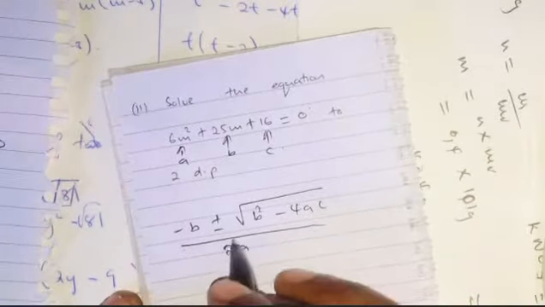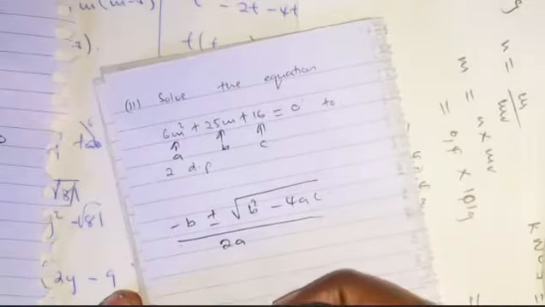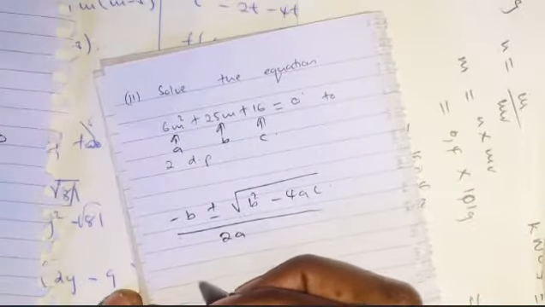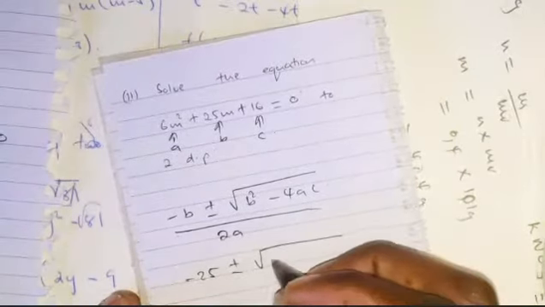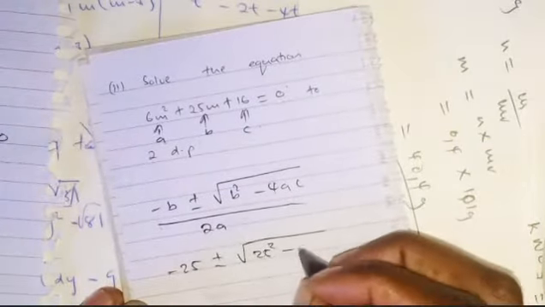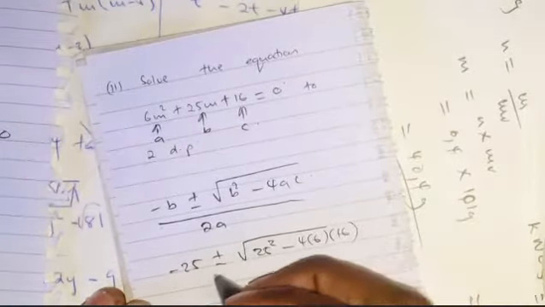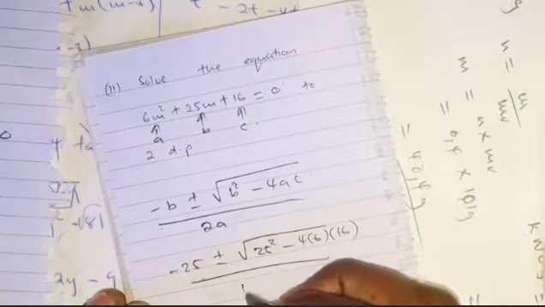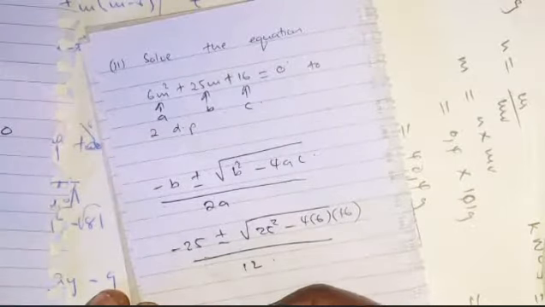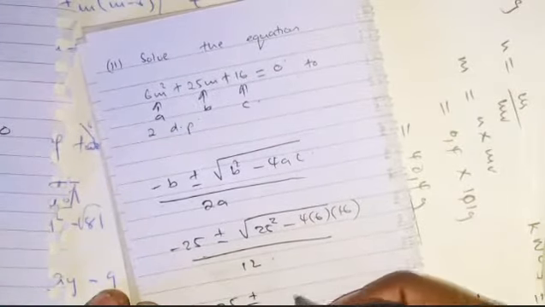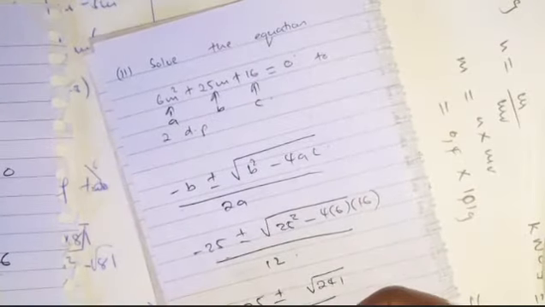Then if we put in the coefficients of m, we'll get minus 25 plus or minus the square root of 25 squared minus 4 times 6 times 16, all this over 12. And of course, if we simplify, it will come up to minus 25 plus or minus the square root of 241 all over 12.